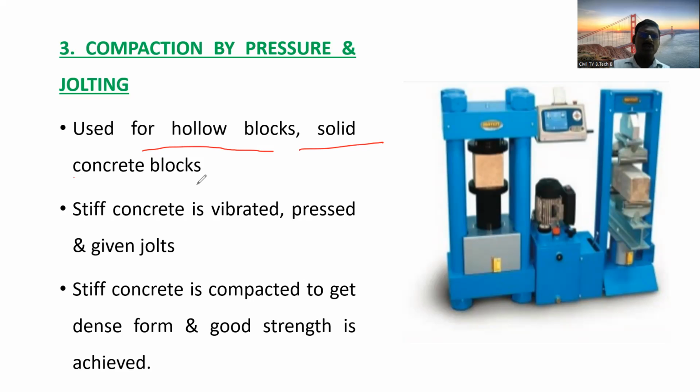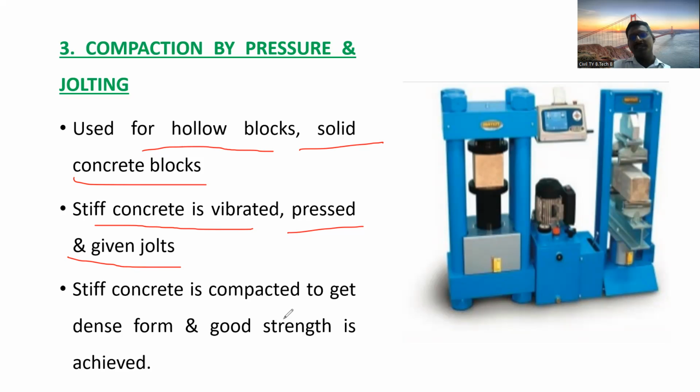Solid concrete blocks also we can compact using this pressure and jolting method. Again, if steep concrete is there, at that time the steep concrete gets vibrated by using this pressure and jolting compaction method. Pressure is applied on that concrete, and the jolting process is also given.